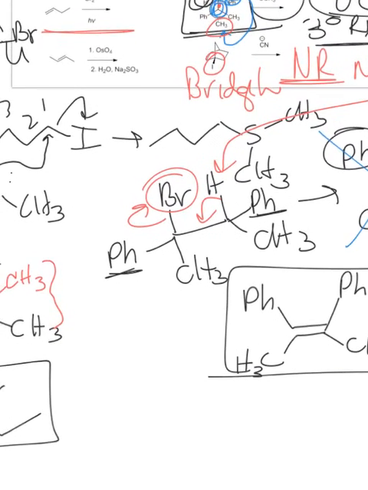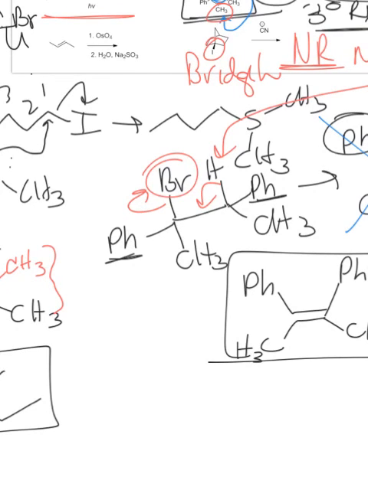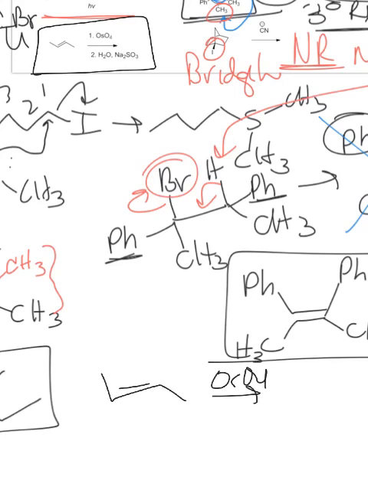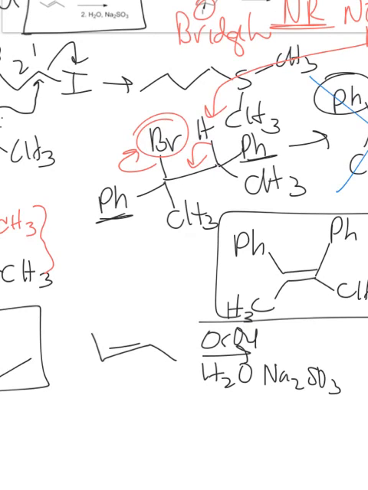Okay, and then the last one here is alkenes. So this is, what chapter is this? Chapter 8. You have a trans alkene, you have osmium tetroxide, and then you're going to break up the osmate ester with water and sodium sulfite. And notice that that stays trans, so it's going to stay trans.